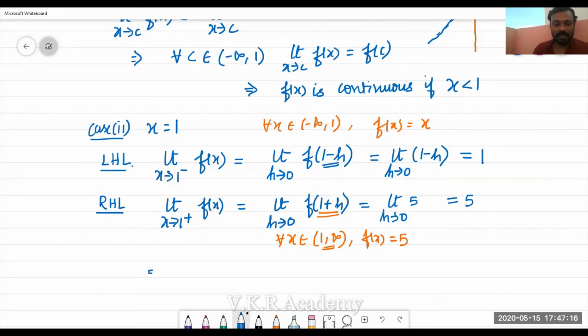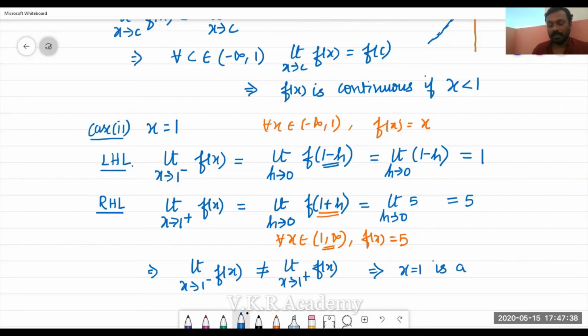So from this we get the left hand limit at 1 of the function f of x is not equal to the right hand limit at 1 of the function f of x. This implies x is equal to 1 is a, can you recognize what kind of discontinuity it is? To the left, it is continuous. To the right, it is continuous. That is, left hand limit exists, right hand limit exists.